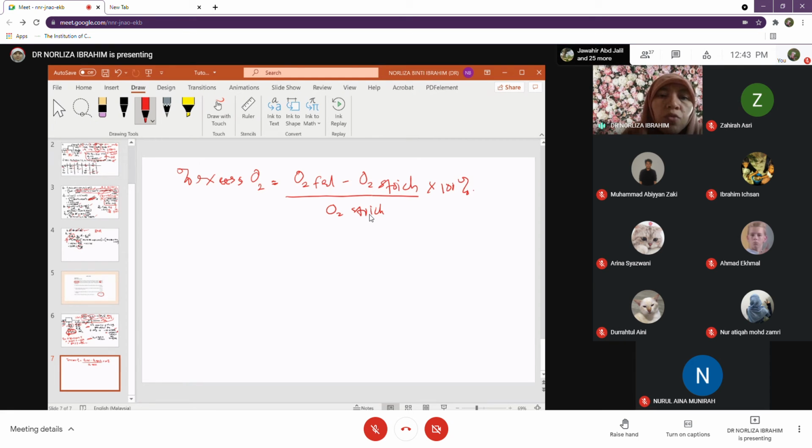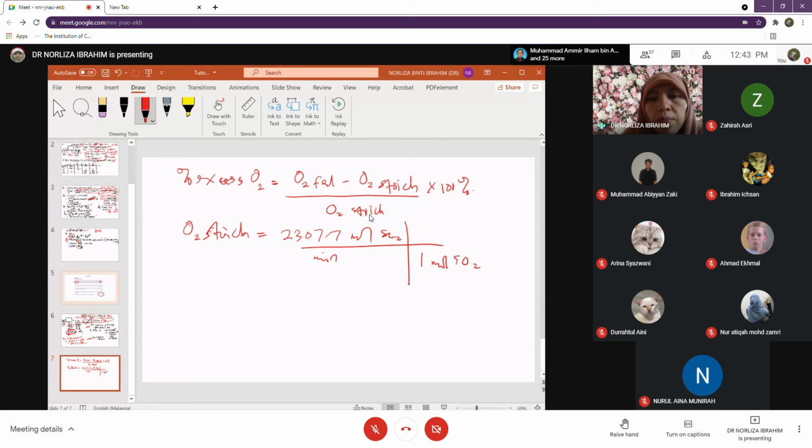So how to find the oxygen stoic? Recall your CPP1 reactive. You have to start from your limiting reactant. Your limiting reactant is SO2, 2307.7 mole per minute of SO2. You use the ratio: 1 mole SO2 is equivalent to half mole of oxygen.